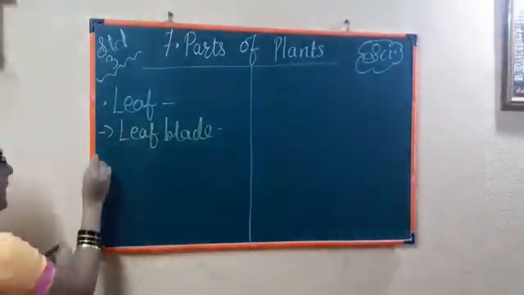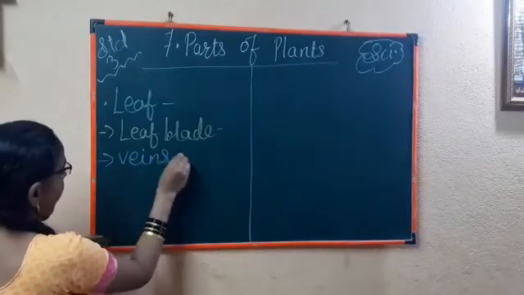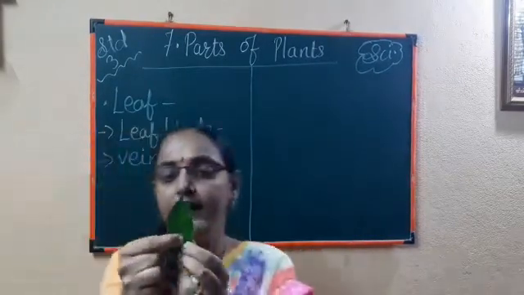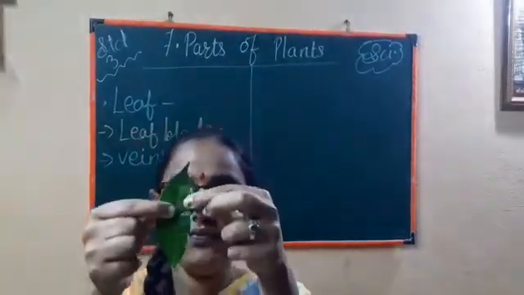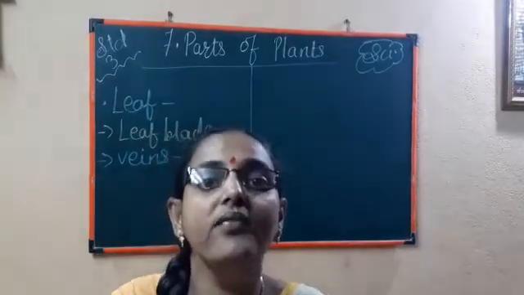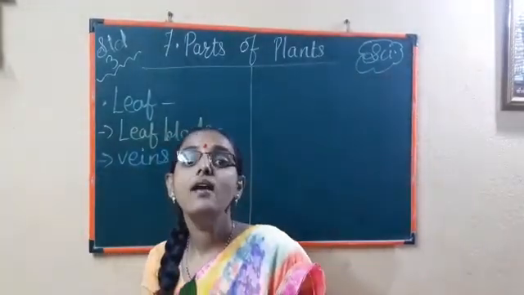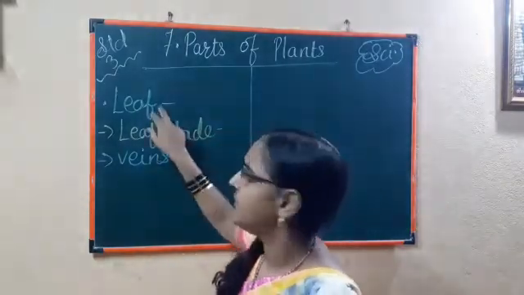And then veins. The running lines across the leaf are called veins. Now there are two parts of the leaf.